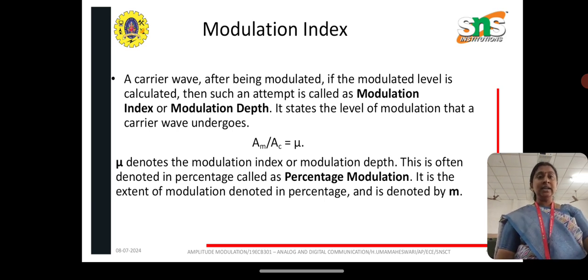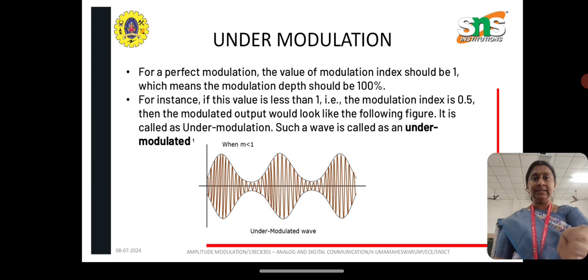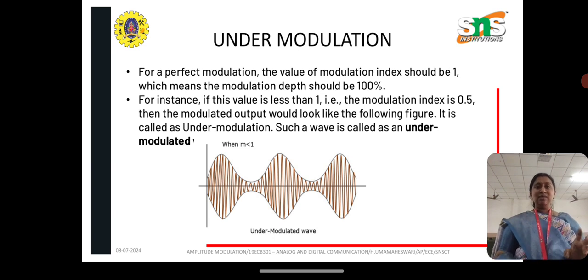It is the extent of modulation denoted in percentage, and it is denoted by small letter m, where mu is the modulation index. For a perfect modulation, the value of the modulation index should be 1, which means the modulation depth should be 100%.